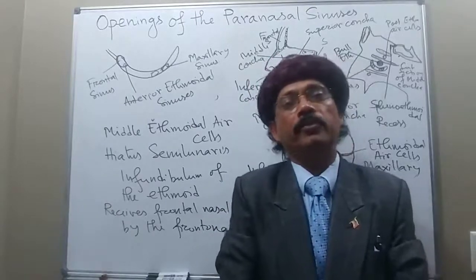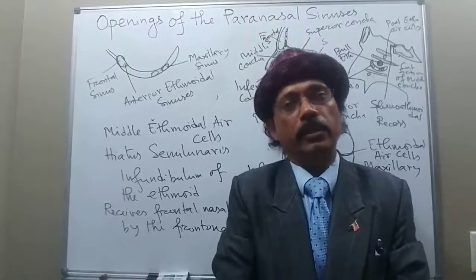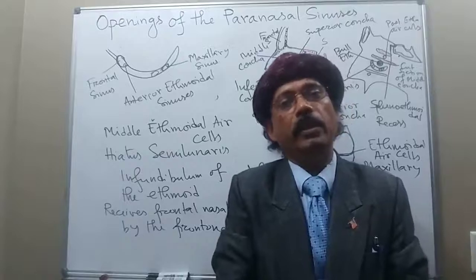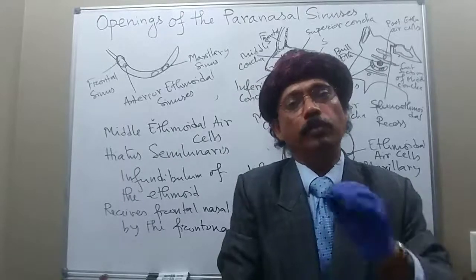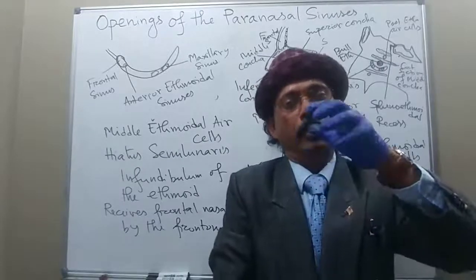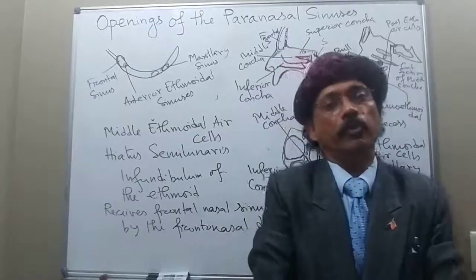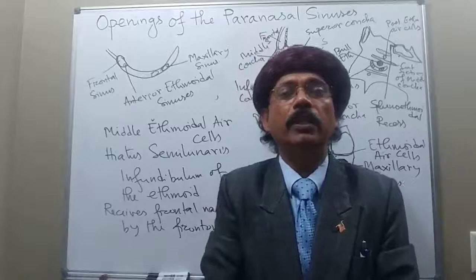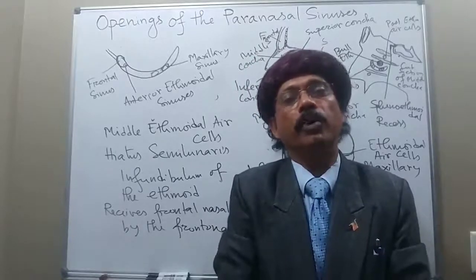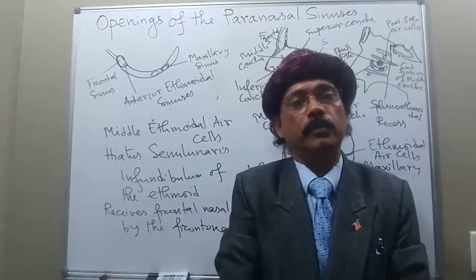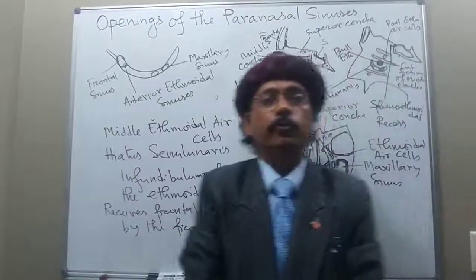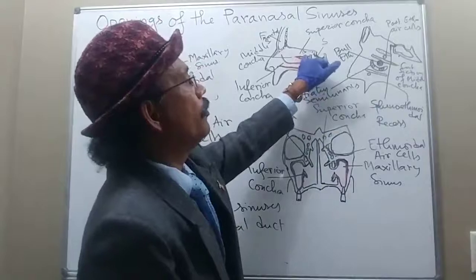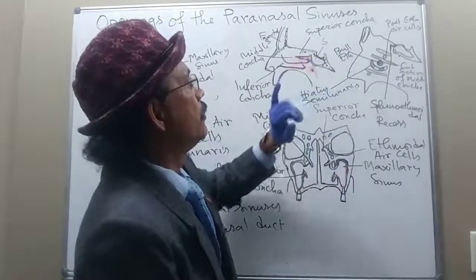Just above the hiatus semilunaris, under the middle concha, inside the middle meatus, we have the Bulla Ethmoidalis, a swelling or elevation of bone, and that is called Bulla Ethmoidalis. There is an opening there for the middle group of ethmoidal air cells. In the superior meatus of the nose, there is an opening for the posterior group of ethmoidal air cells.